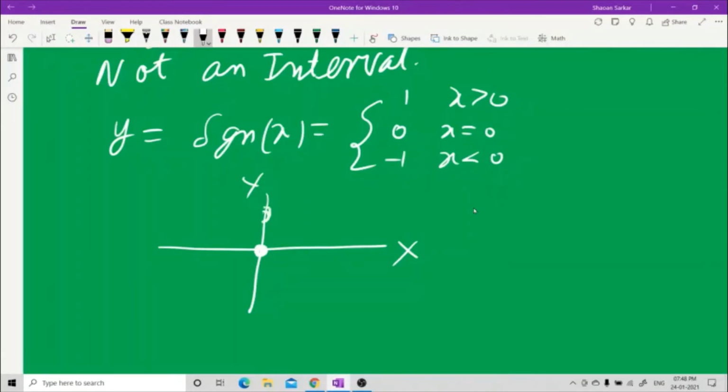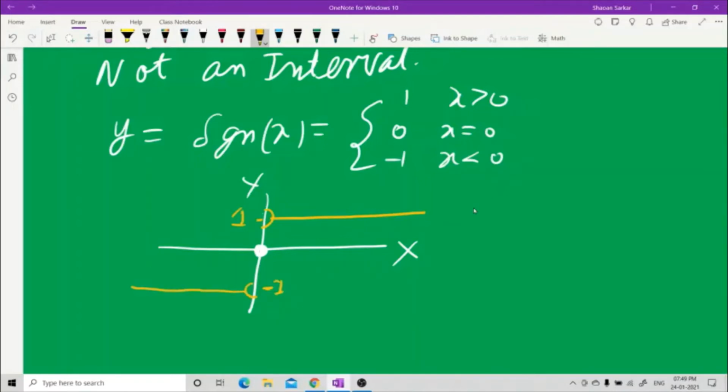Let me use a different color so that you understand. This is the point 1, but it is not here, so the complete line is like this. Similarly, this is +1, and this point is -1, and you draw straight lines like this. So this is the graph of this function.